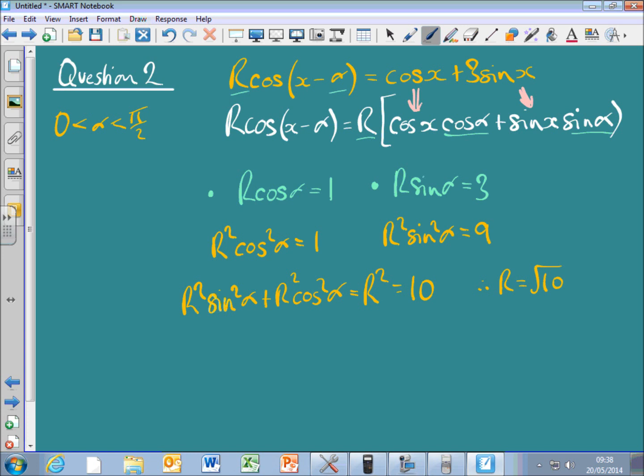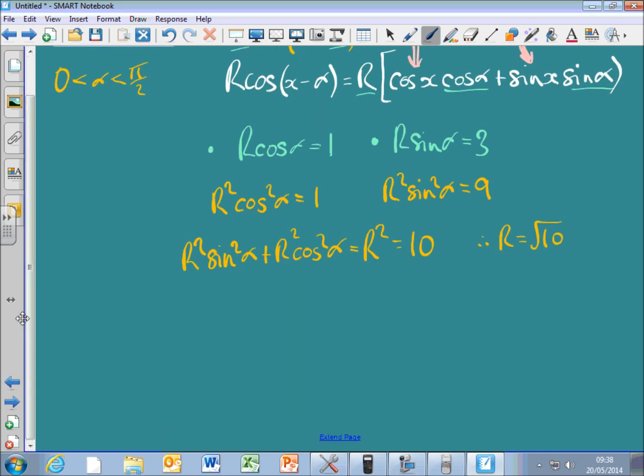Now to find out the value of alpha, I can sub that r value back in, but there's a way I can also do it without doing that, so I'll show you that. And that is to divide this one by this one.